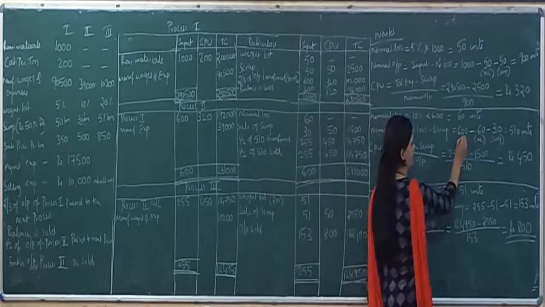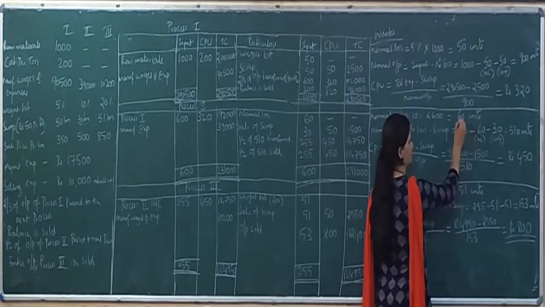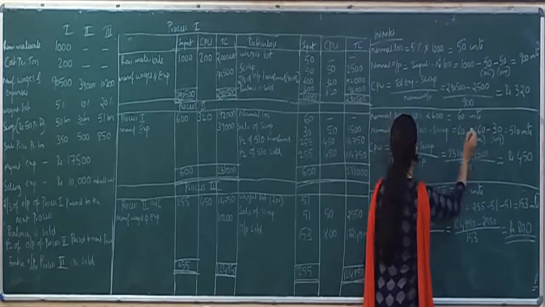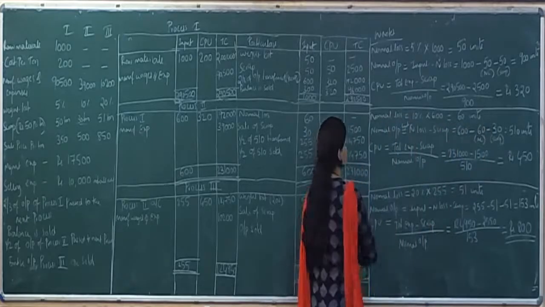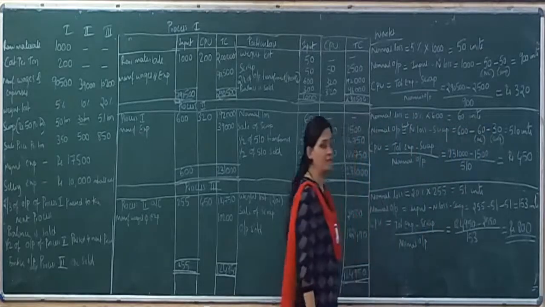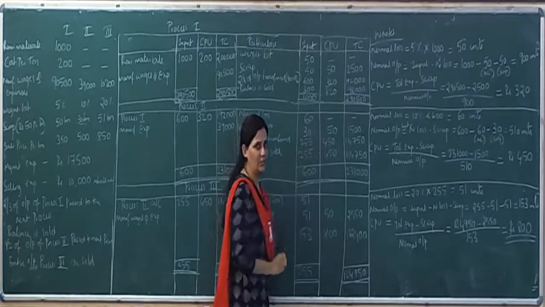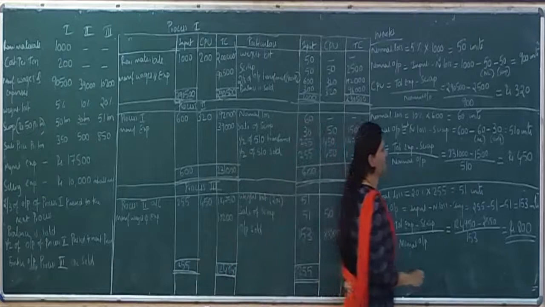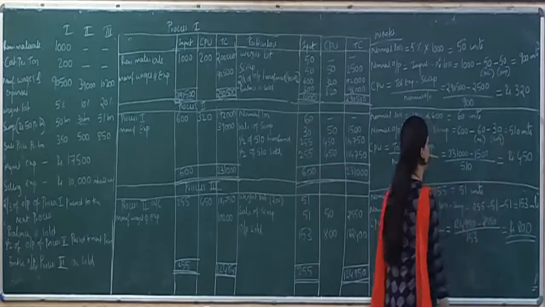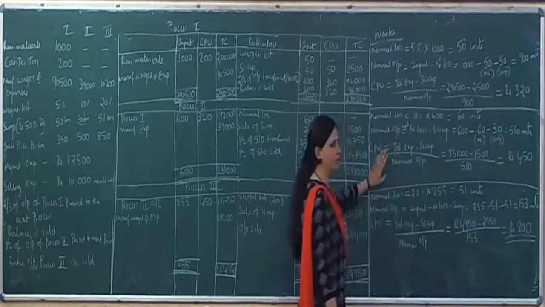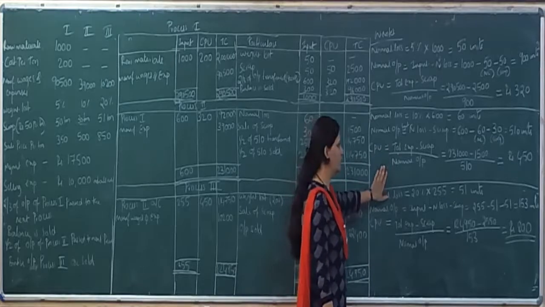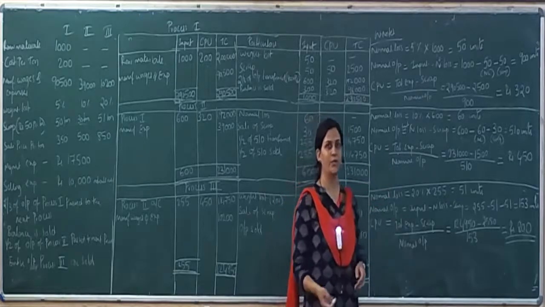So here I will write input minus normal loss minus scrap. So input is 600, minus normal loss of 60 and scrap of 30. You don't have to take the total amount here, but you have to consider this value. So that comes to 510.